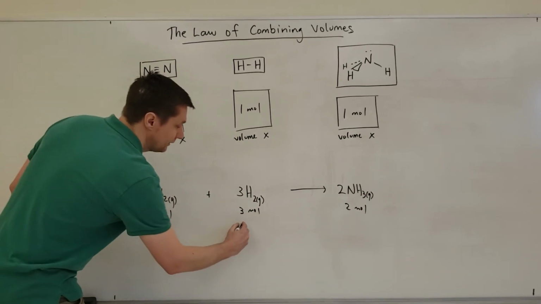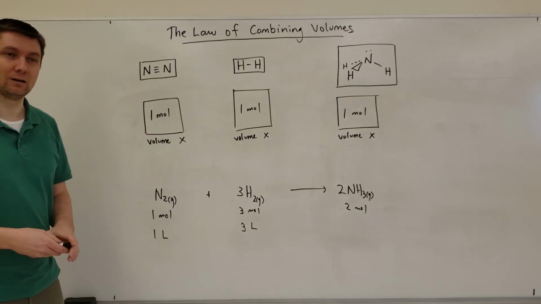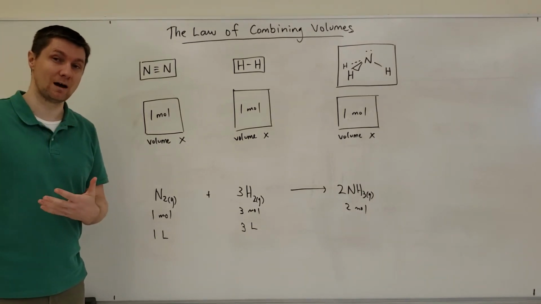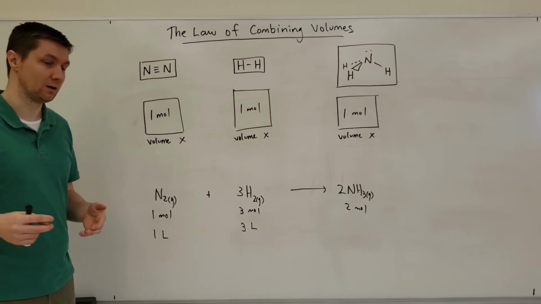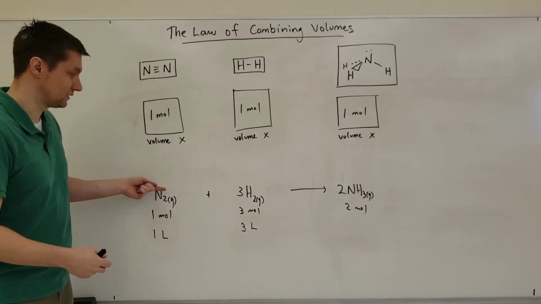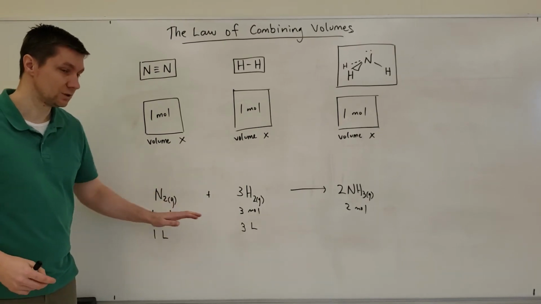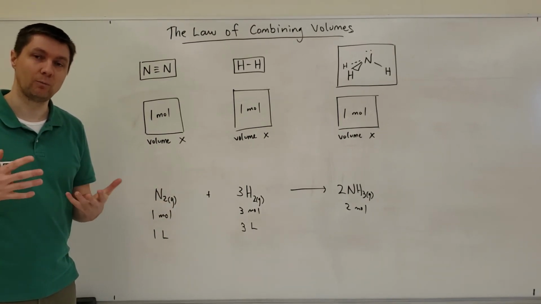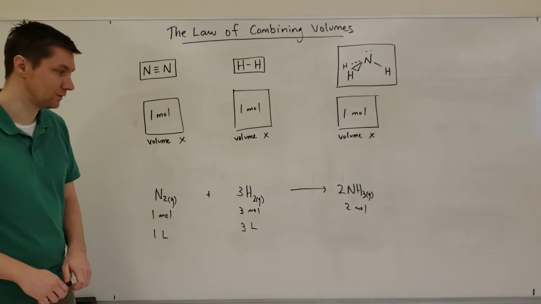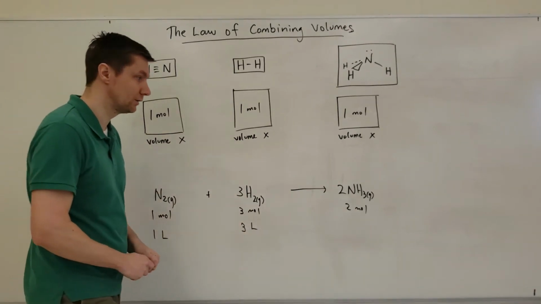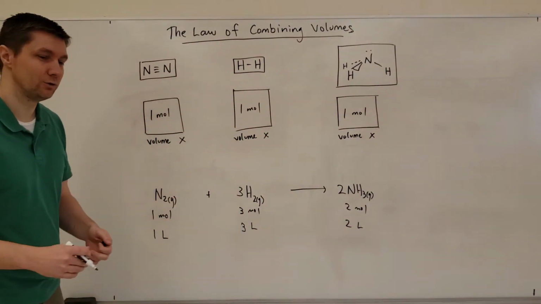And if I have 3 liters of hydrogen, that's going to have 3 times the amount of molecules in that container. And that's all I care about, is that this ratio is reacting at a 1:3 ratio. And the volumes uphold that ratio. And so 1 liter of this is going to react with 3 liters of hydrogen to make 2 liters of ammonia. And I can use this for any unit of volume and any number.